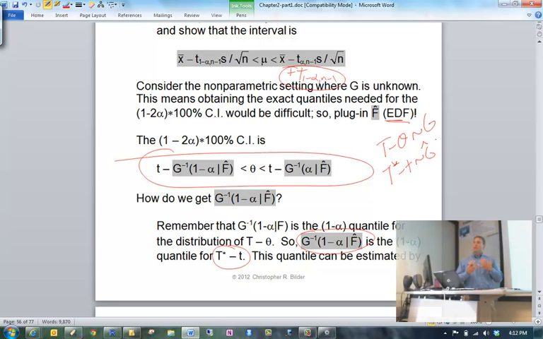And we're using T star minus T, that distribution, to allow us to get the quantiles, to estimate the quantiles. Also, make sure you understand with this notation here, this G is represented like this in my notes. And this G hat is just represented like that in the notes due to the equivalence of the different notation.